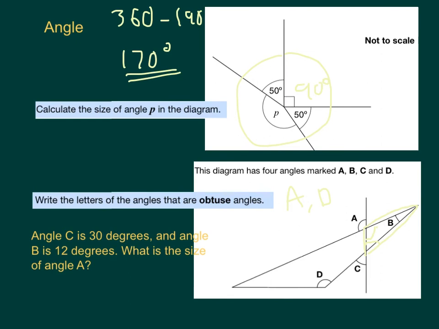So if I add those two angles in the triangle, that comes to 42 degrees. So 180, take away that 42 degrees, will leave me 138 degrees, which will be the value of this angle here, and therefore also of angle A.